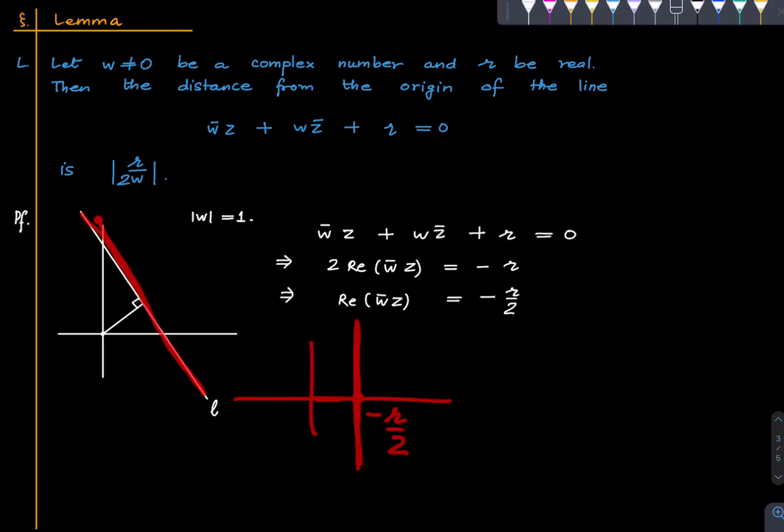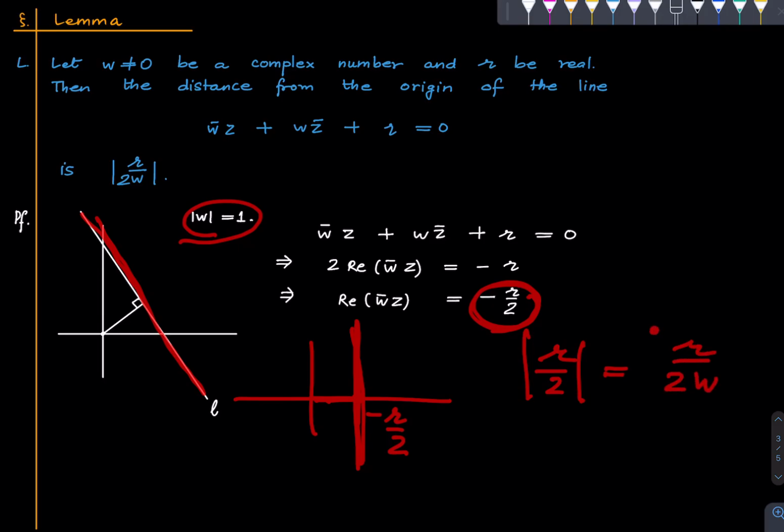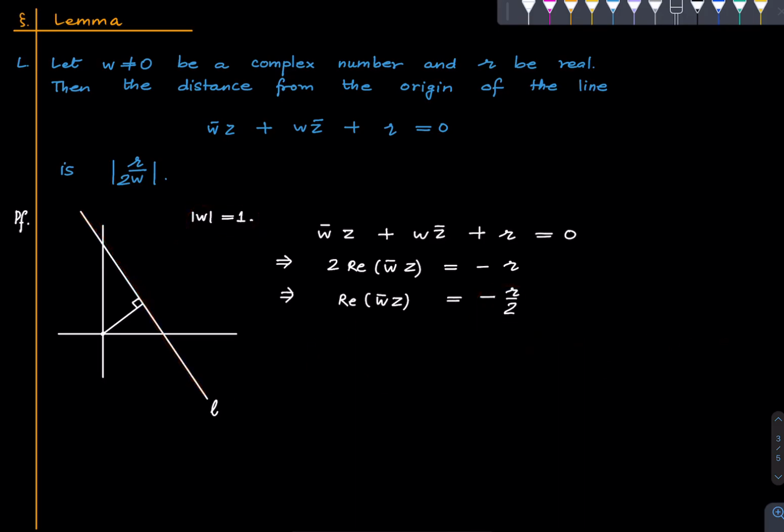So this is the initial line and this is the rotated line, and therefore the distance from the origin is the absolute value of that real number, which is r by 2, or rather mod r by 2. And since w had magnitude 1, this is nothing but r by twice the absolute value of w. So that's the proof. All right, so there's a very simple way to detect the distance from the origin of a given line.